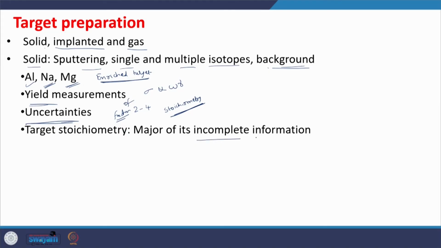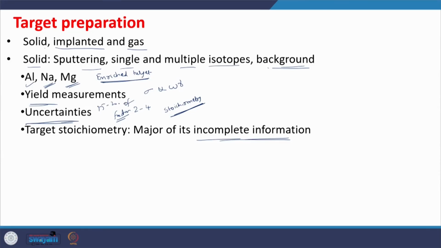All right. So, there is incomplete information regarding the stoichiometry. Complete information of the target stoichiometry is not possible to get. So, that leads to the uncertainty. Many times you will see uncertainty of the order of 15 to 20% also.